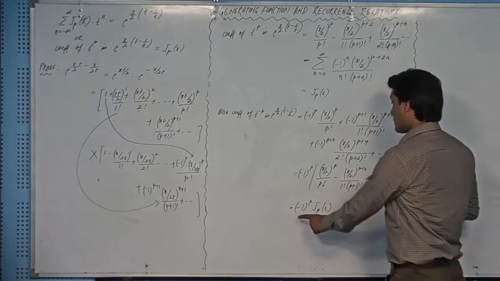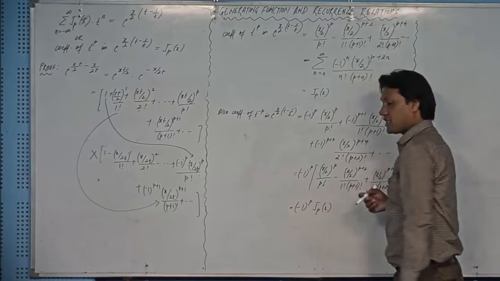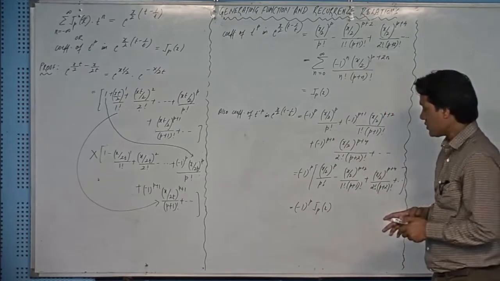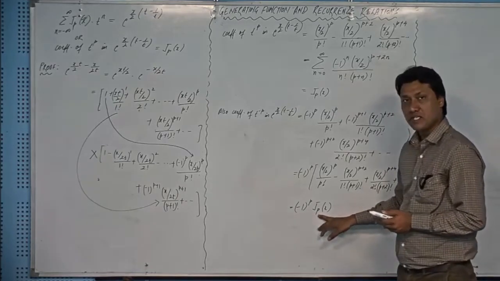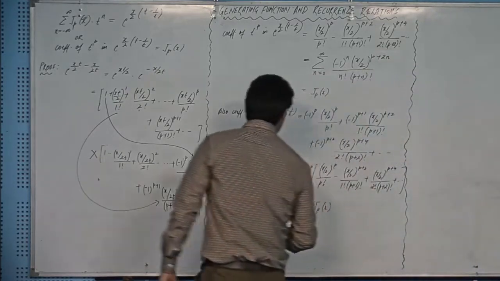So I will replace this by J of minus PX, but that replacement is only possible if we consider that p is an integer. So I have to mention that.